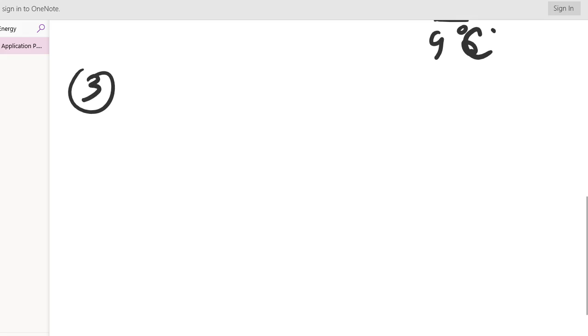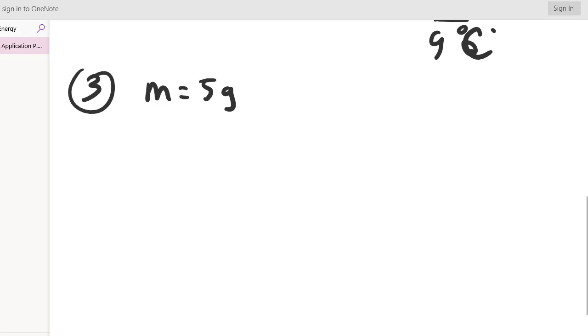This one says a 5 gram sample of gold requires 12.9 joules of energy to heat it from 15 degrees to 35 degrees. Calculate the heat capacity of the sample and the specific heat of gold. So let's write down what we've been given. So we've got a mass. It equals 5 grams. That's kind of easy.